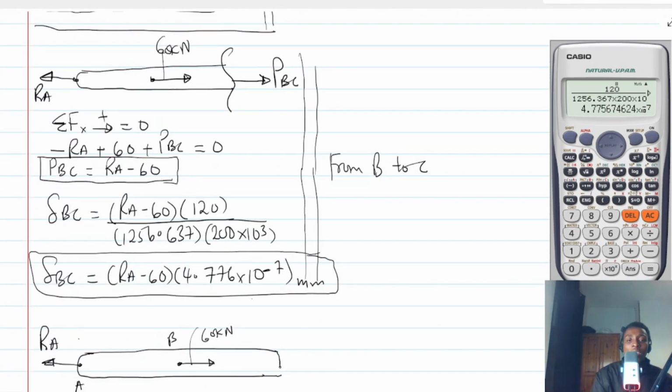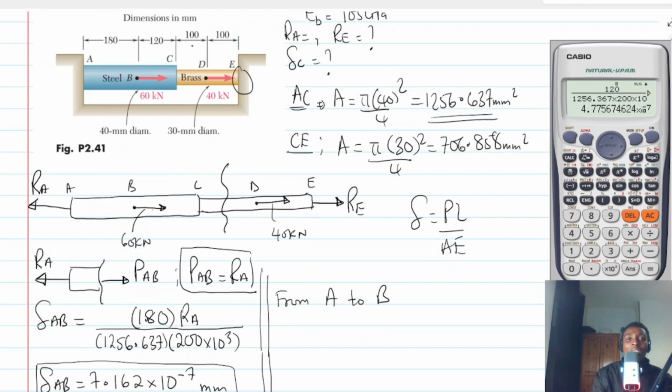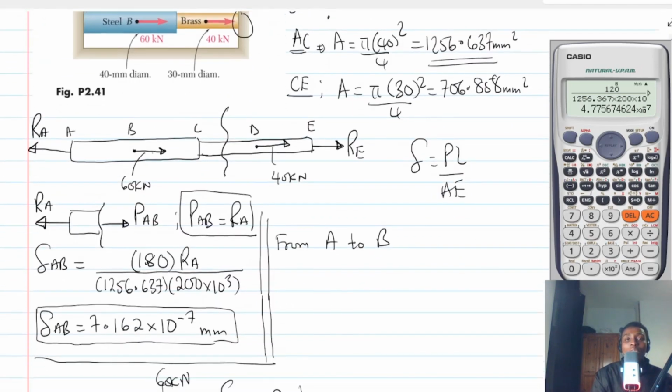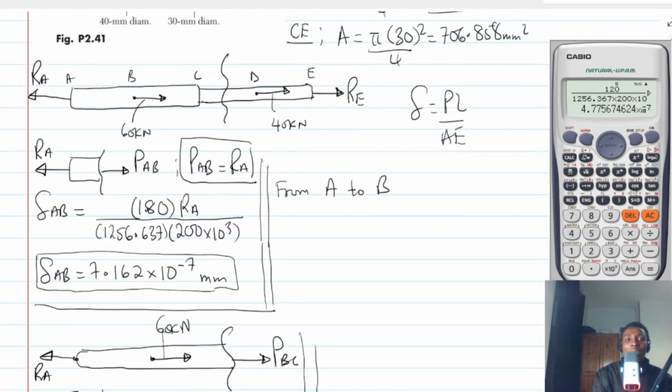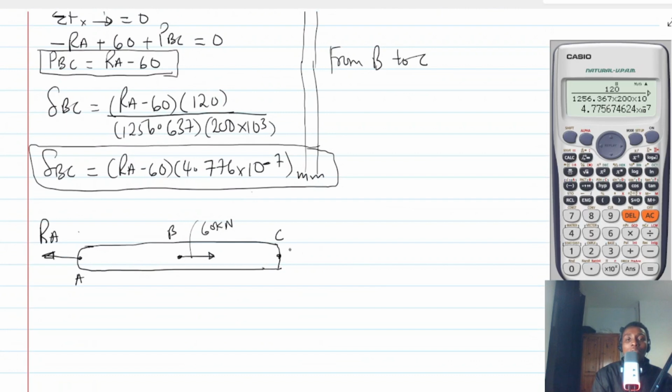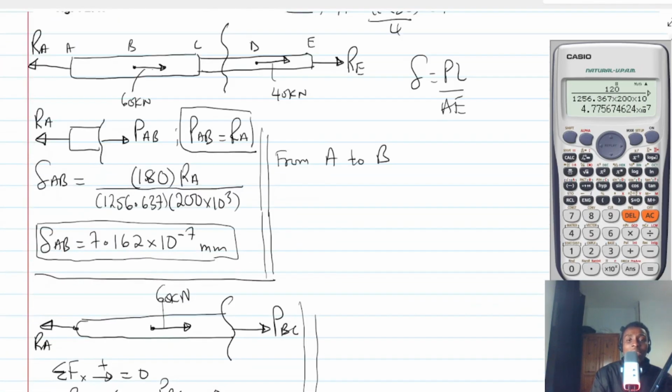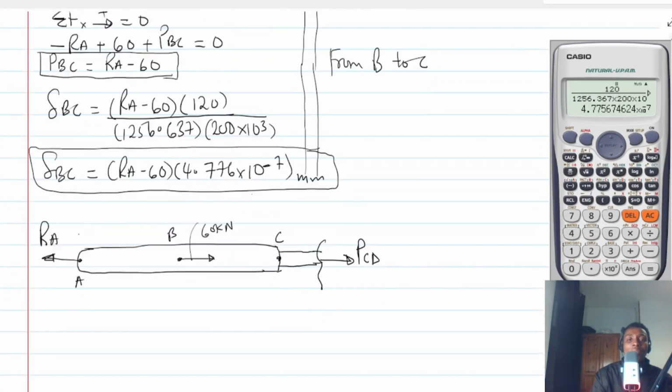Let's say that this is C. But I have cut between C and D, so it means I need to extend. The extension is going to give me PCD.